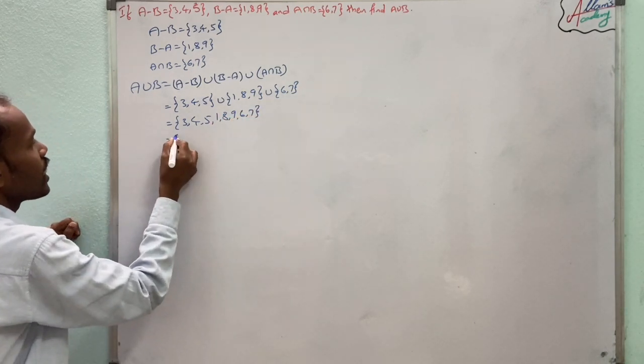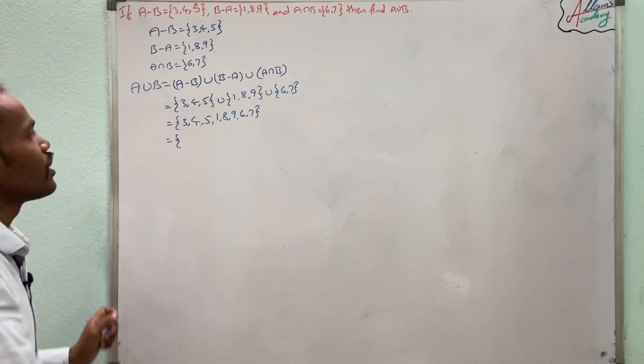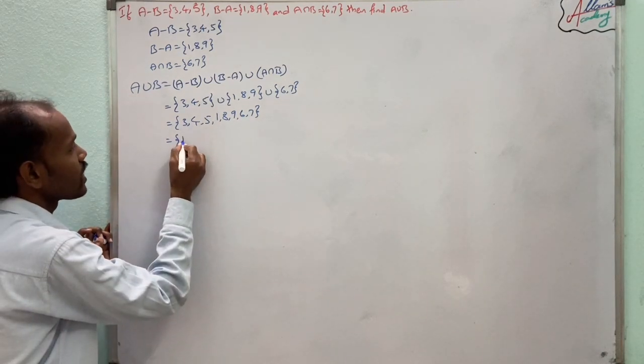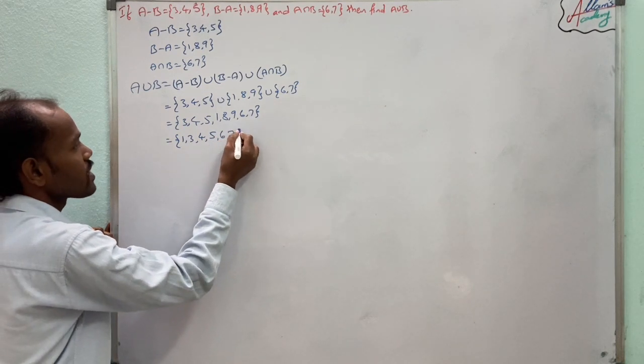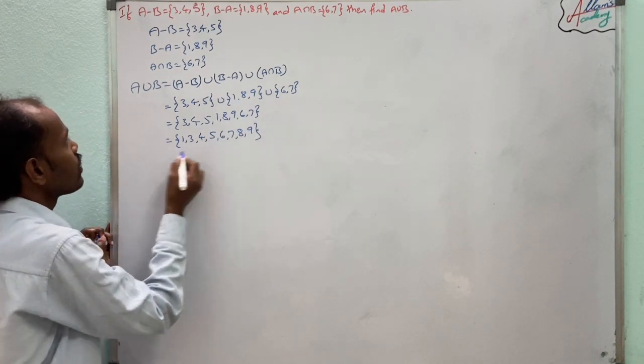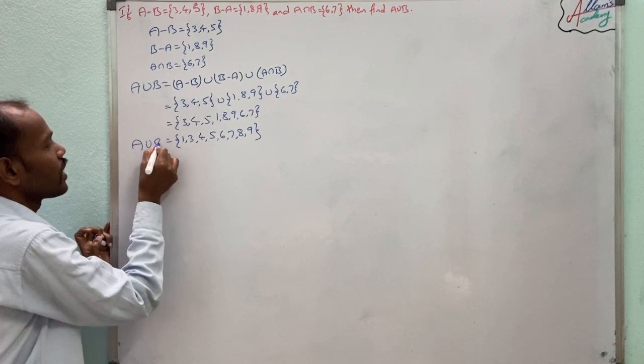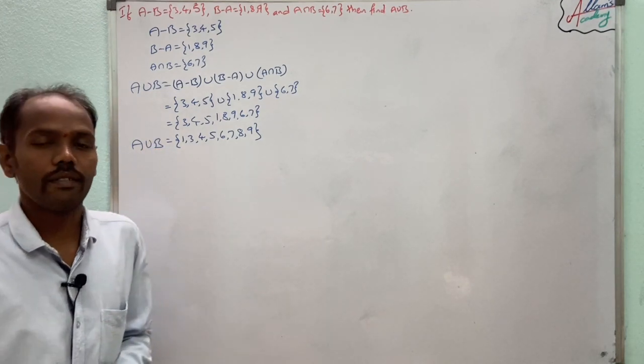No element is repeated, so we write all the elements in order: 1, 3, 4, 5, 6, 7, 8, 9. This is the answer for A union B.